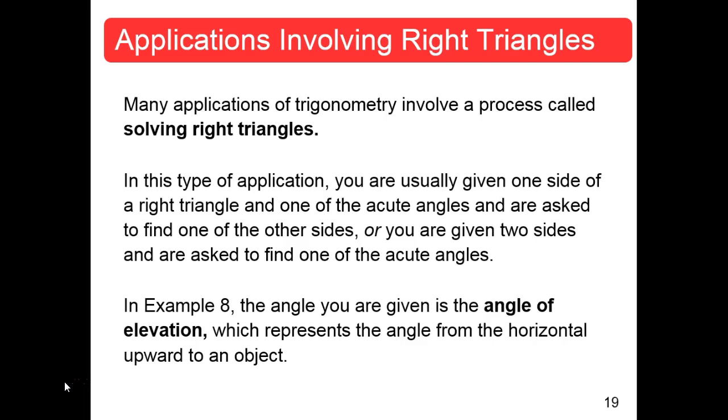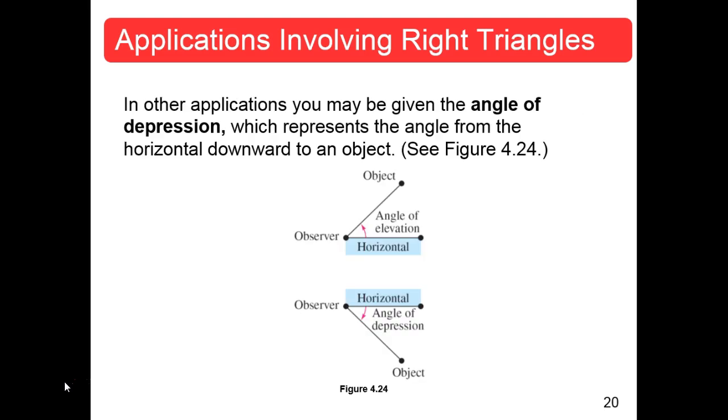Now there is a reverse of that. If I was looking down here and seeing somebody's car in the parking lot, and the parking lot's below me, then that angle would be the angle of depression. Yes, other applications may give the angle of depression, which represents the angle from the horizontal downward to another object.